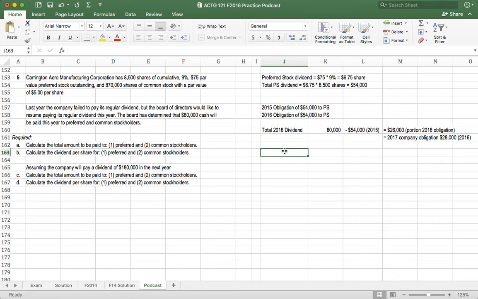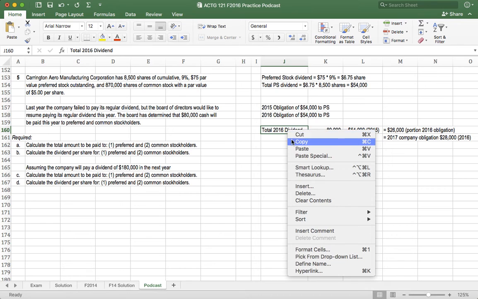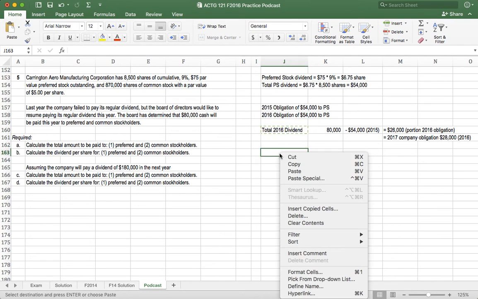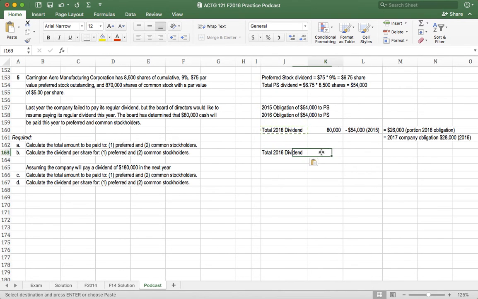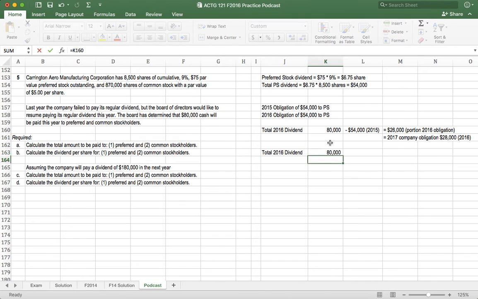So one more time, we're going to use the total 2016 dividend. Put that right here. And the dollar amount. And the company is going to pay the 2015 obligation. So we're going to subtract that from the total.